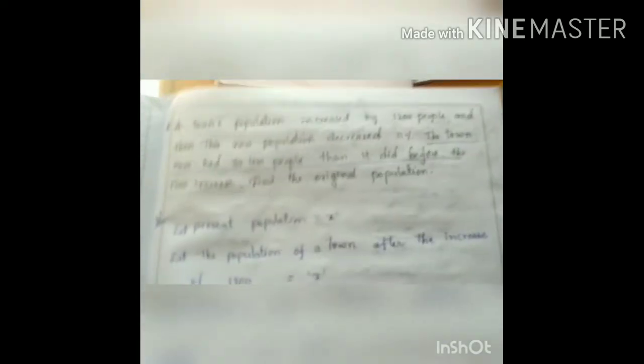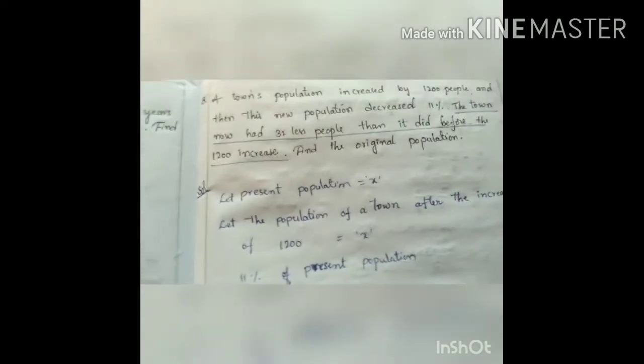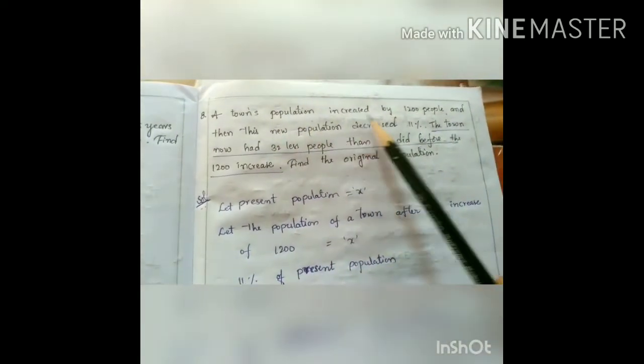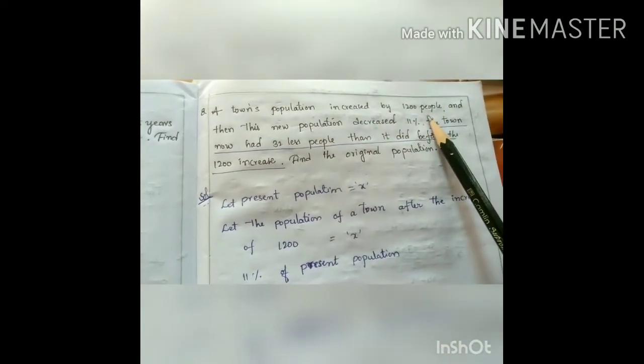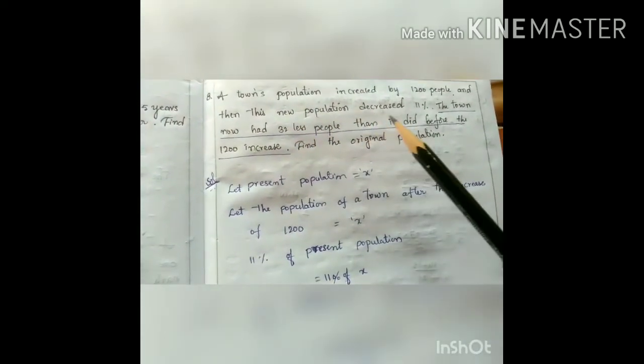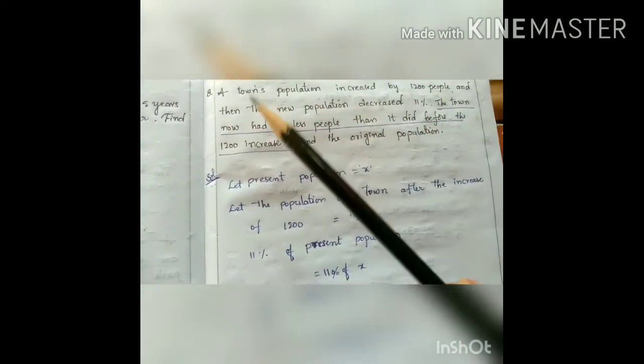Next one, 8th question. A town's population increased by 1200 people and then this new population decreased 11%. Listen carefully.